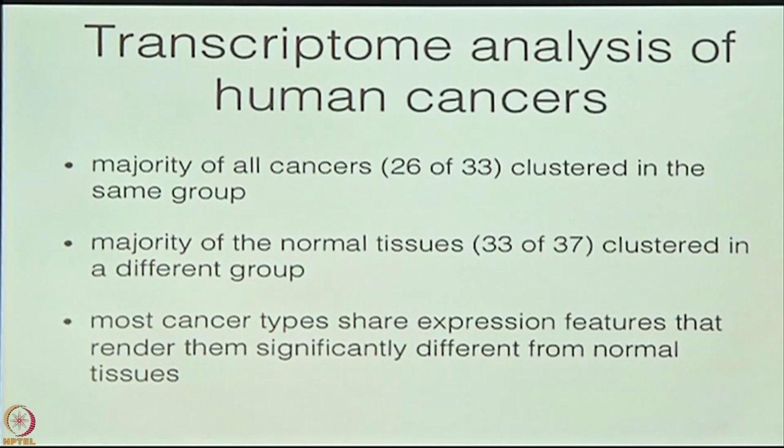The majority of normal tissues, 33 out of 37, clustered in a different group. The first basic conclusion was that most cancer types share expression features that make them quite different from normal tissues, and that was what we expected.